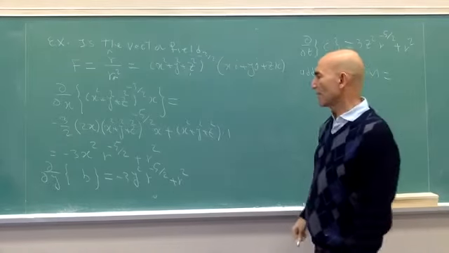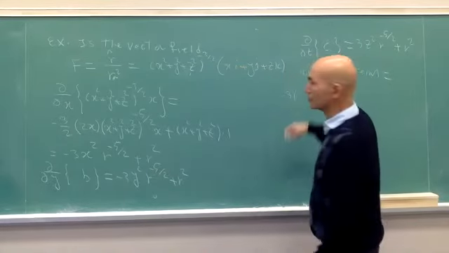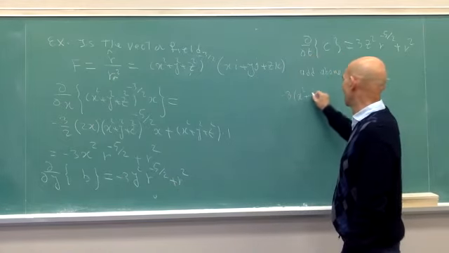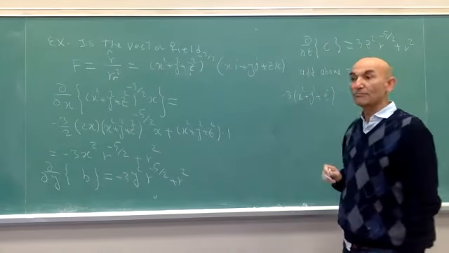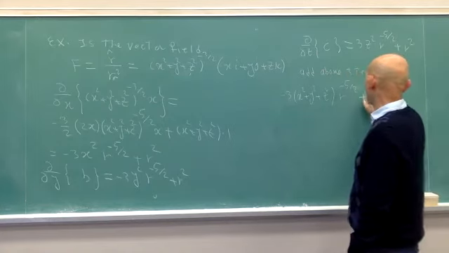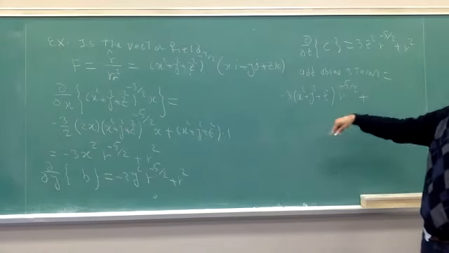What do we get? Negative 3 times (x² + y² + z²) times r^(-5/2), plus 3r^(-3/2), because r^(-3/2) is common and we're just adding them.